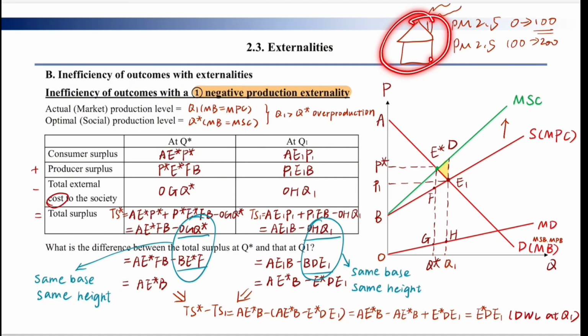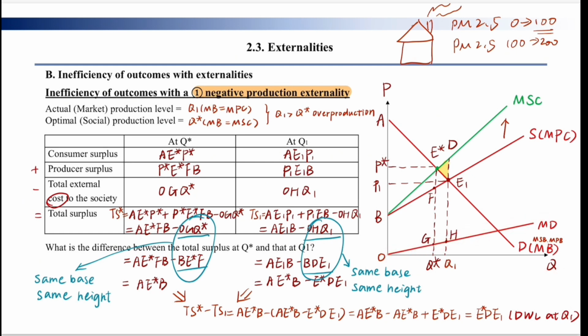The factory is polluting the air, and the PM 2.5 of this city rises from 0 to 100, and it continues polluting the air, and the city PM 2.5 rises from 100 to 200. It seems that the amount of pollution in these two processes is the same, but actually the later one has a greater impact on people, right? So that is the reason why the marginal damage is getting larger and larger when the quantity increases.